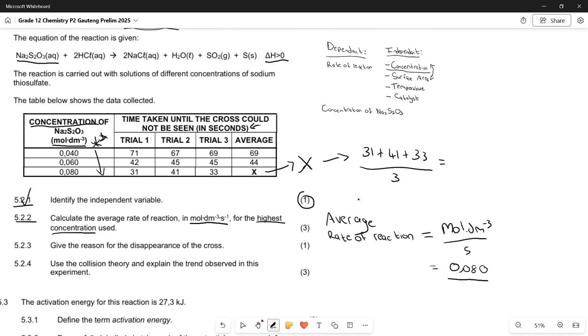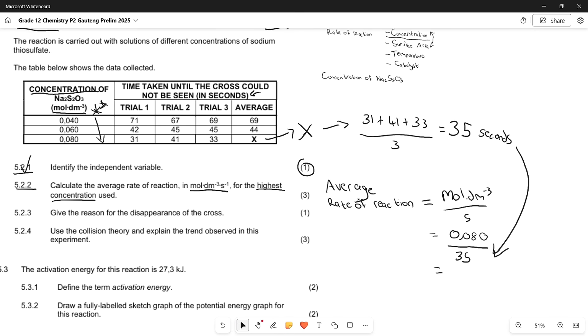And if we plug this in our calculator, we'll get 35 seconds over here, which means we can just go ahead and plug this in over here. So we have 35, and this equals 0,0023 mole.dm to the -3 times s to the -1, just like the units they put over there. That would earn us 3 marks over there.